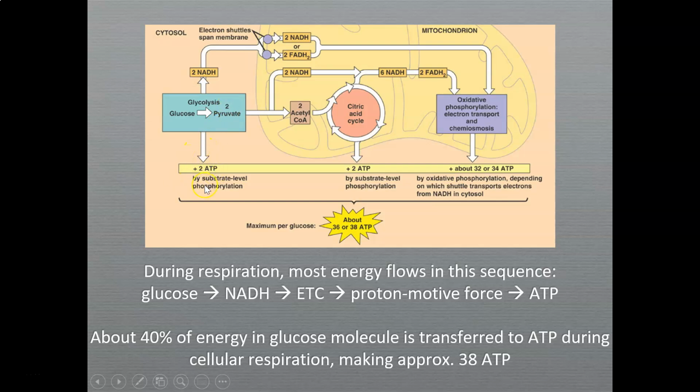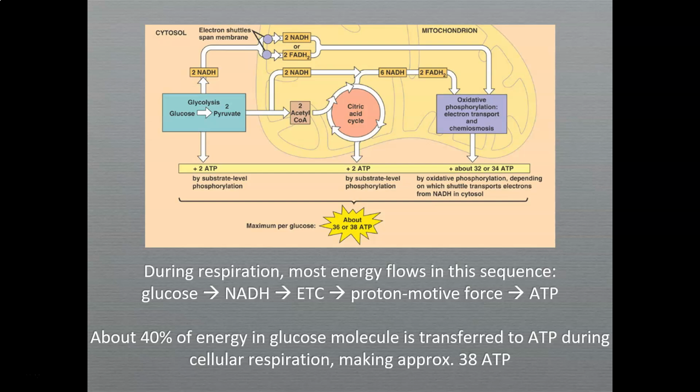Glycolysis, right, I get a net of 2 ATPs via substrate level phosphorylation. Citric acid cycle, I get a net of 2 ATPs again from substrate level phosphorylation, so not particularly efficient there, but I get a little bit of energy out as a result. And then I go through oxidative phosphorylation, and I get somewhere on the order of about 32 to 34 ATPs.